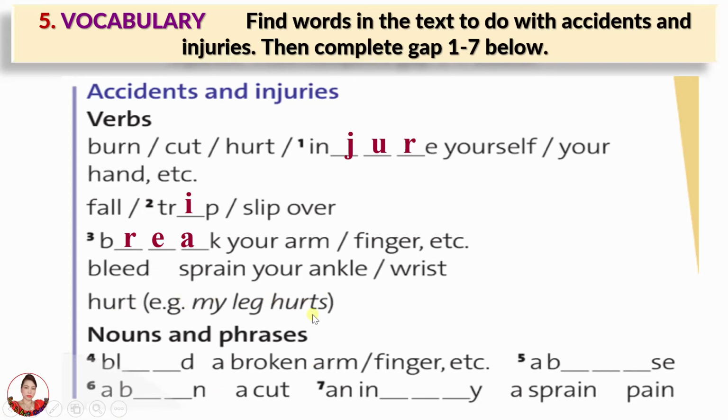What about nouns and phrases? Number 4, a broken arm, finger, etc. Number 5, a bruise. Number 6, a burn, a cut. Number 7, an injury, a sprain, pain. Now try to correct the answers, please.